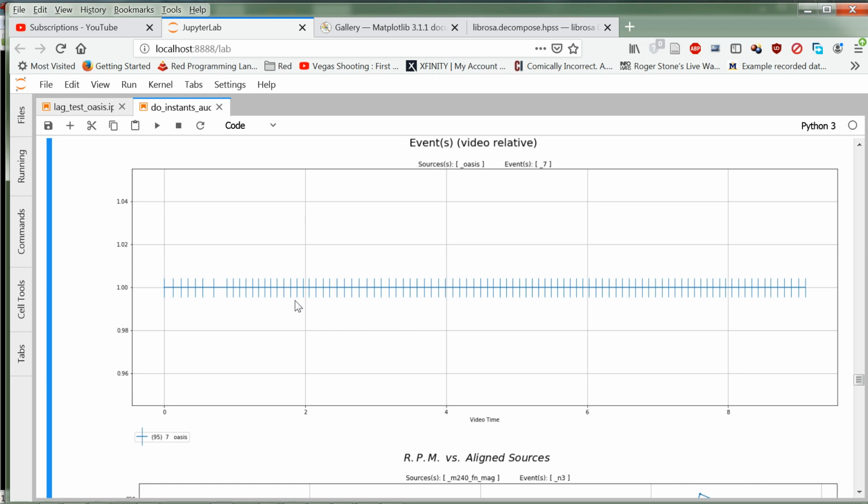I rarely look at that unless I want to compare the same volley across multiple videos, and then in this case it would be volley 7, and I'd stack the next video down below and then the next one down below, and these lines had better line up, because after all, if both the shooter and the recorder are fixed in location, then there should be no difference in the timing except for when it initially arrives.